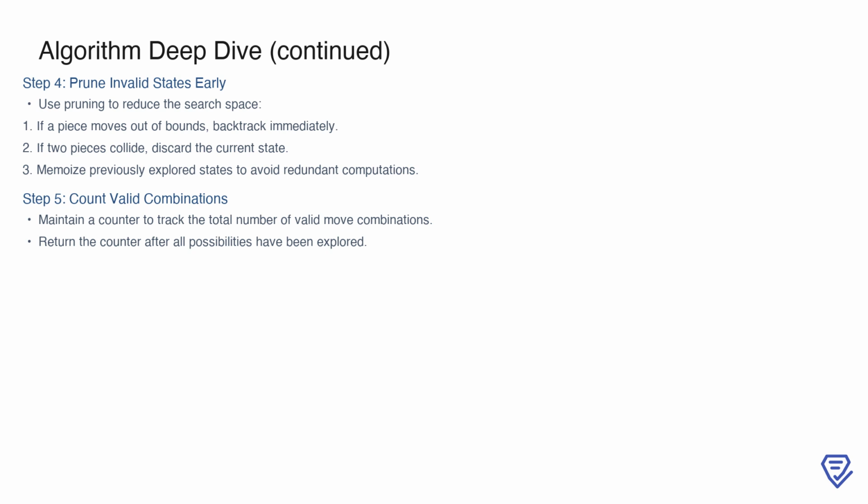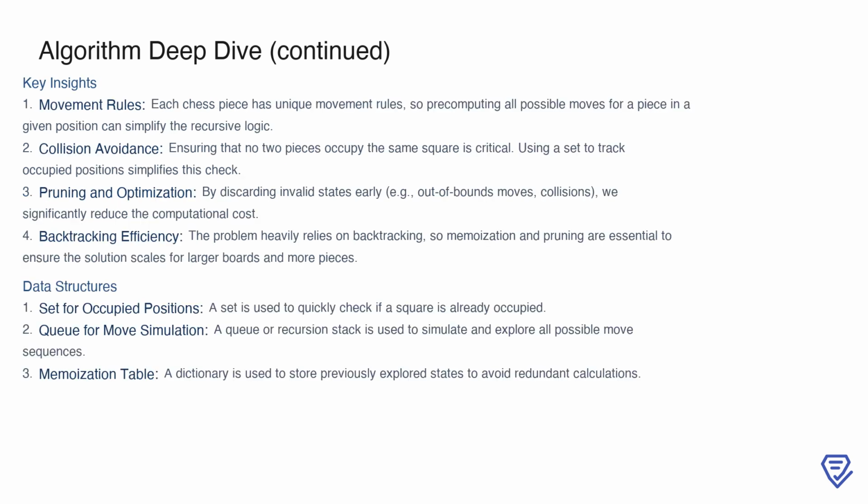By combining these techniques, we not only ensure the correctness of our solution but also significantly reduce the computational overhead. Finally, a counter tracks the total number of valid move combinations, which is returned once all possibilities have been explored.